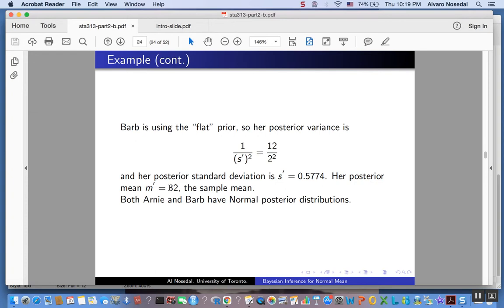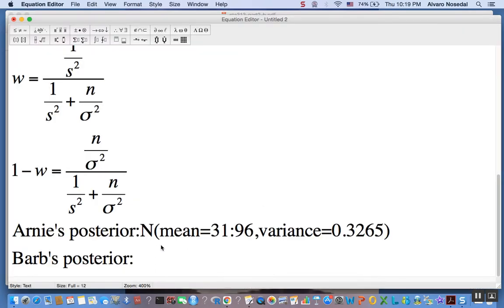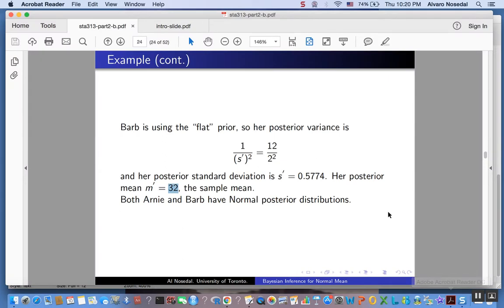So in that case the mean is 32, that's the posterior mean, and the variance will be, let's see, after she applied those updating rules, 0.5774.